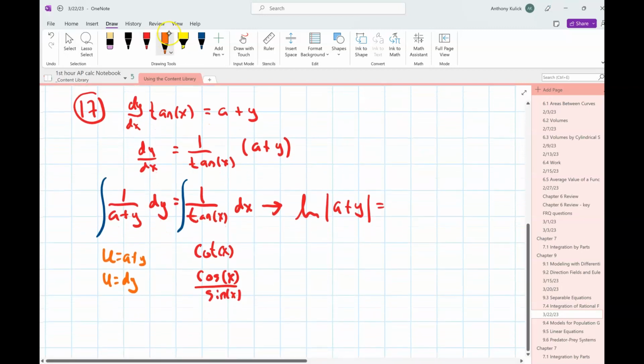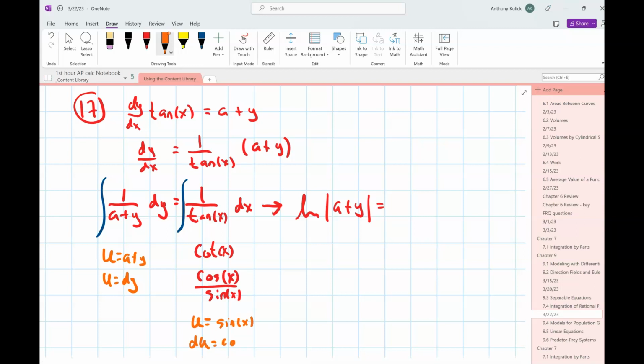So I'll do a u sub with that. I'll say u will be sine x, so du is going to be cosine x dx. So really, what am I going to be integrating here? It's going to be 1 over u du. Is that okay, Blake?